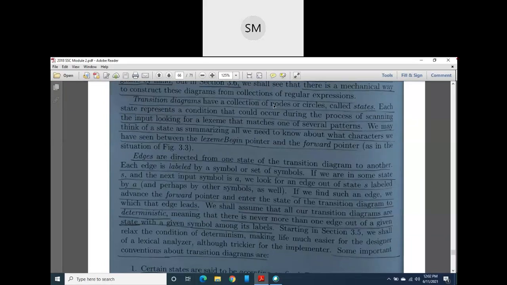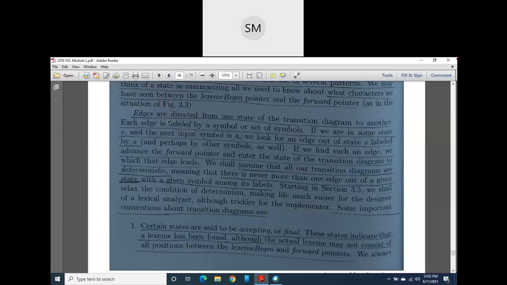Those arrow marks are called edges, and these edges have labels. Edges are directed from one state to another state, labeled by some symbol. If that label occurs, only then will the transition happen from the previous state to the next state.